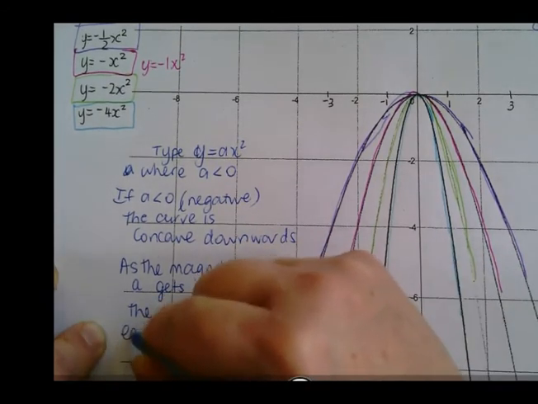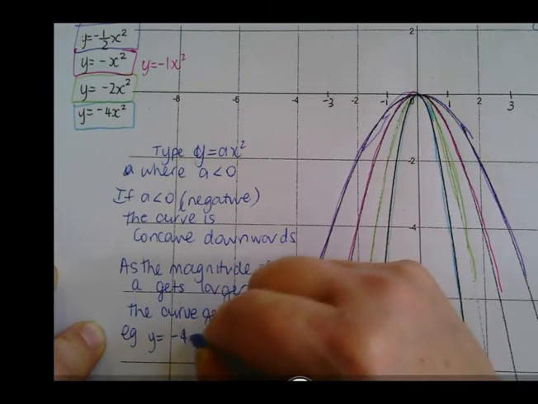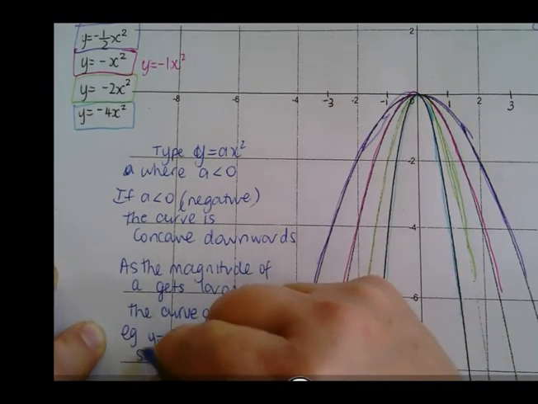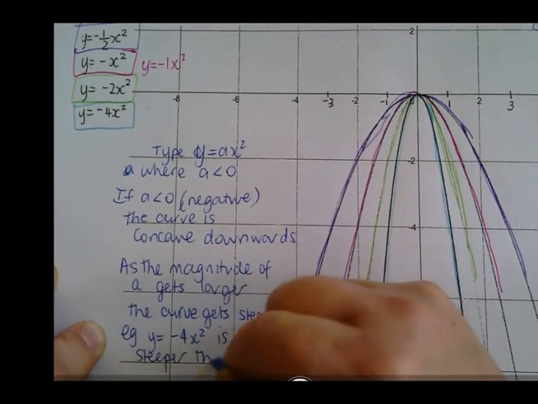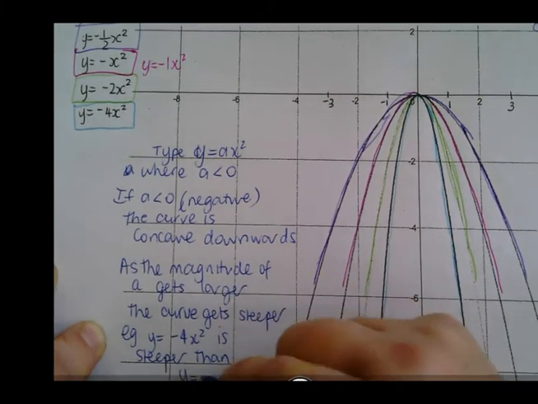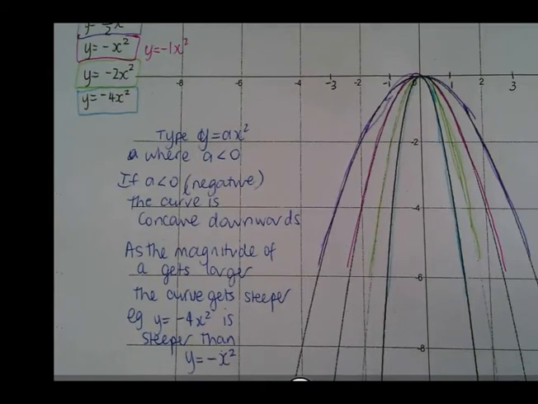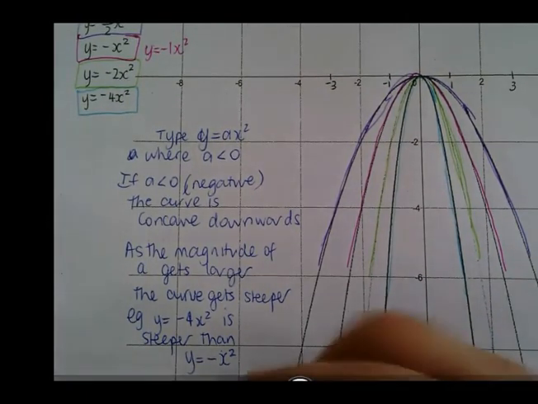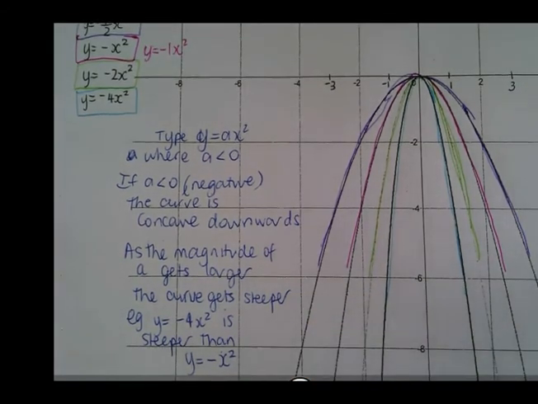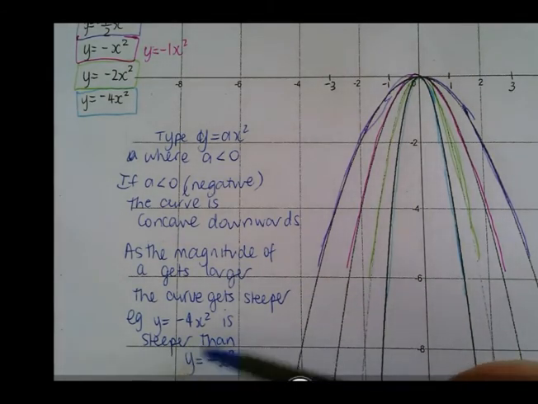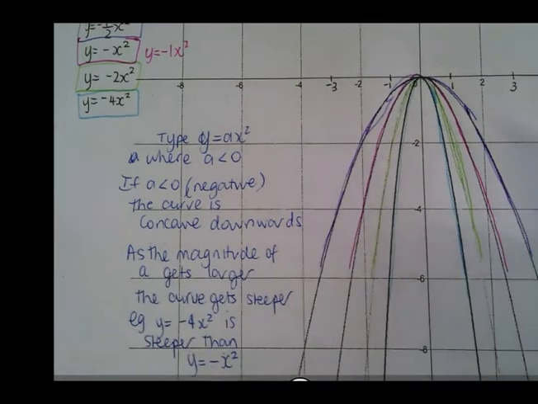For example, y equals negative 4x squared is steeper than, say, y equals negative x squared. Does that make sense? Because in front of the x squared there is negative 1. So minus means facing downwards. Got it? And the 4 in front means it's steeper.